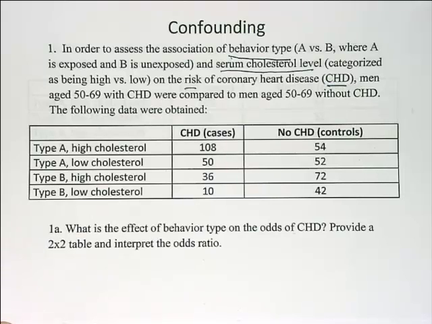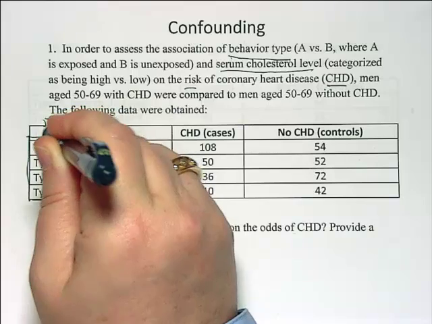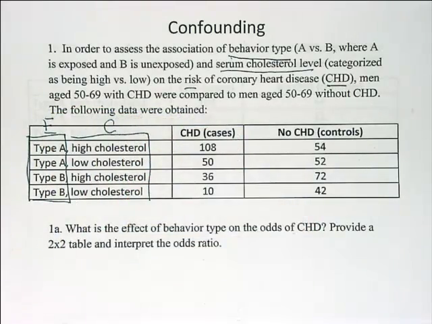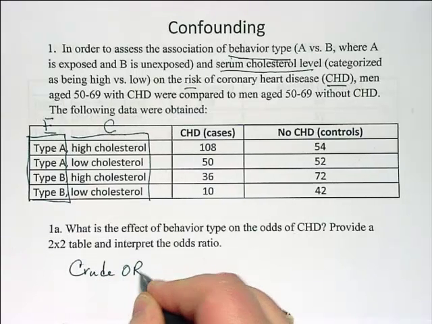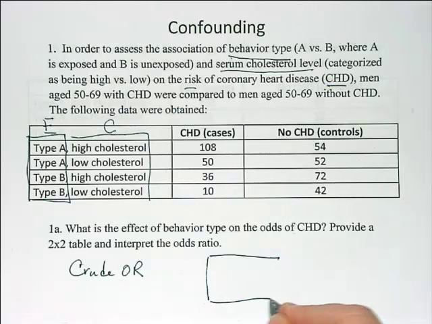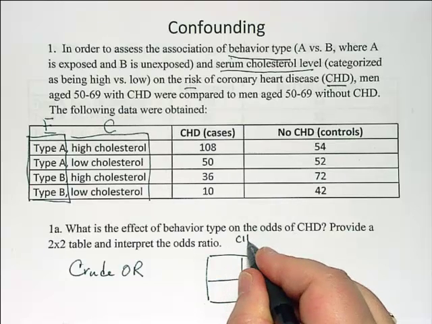It always starts with the examination of the actual exposure here. You've got to make sure that you're clear on what is the exposure and what is the potential confounder. And we're going to estimate what's called the crude odds ratio. This comes from a collapsed 2x2 table. It's collapsed because we're going to take some of these cells and put them together.